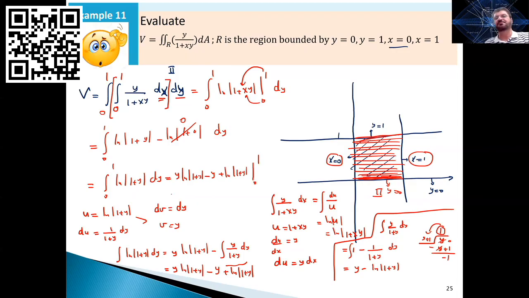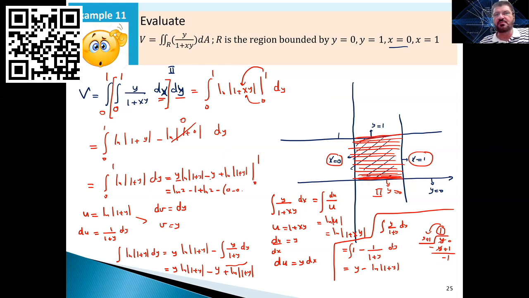from 0 to 1. Put the 1 first. If I put y equals 1, what do we get? We get ln 2. It's going to be 1 ln 2 minus 1 plus ln 2. Now put the 0, minus. If you put y equals 0, it's gone. Put the 0 here, it's gone.